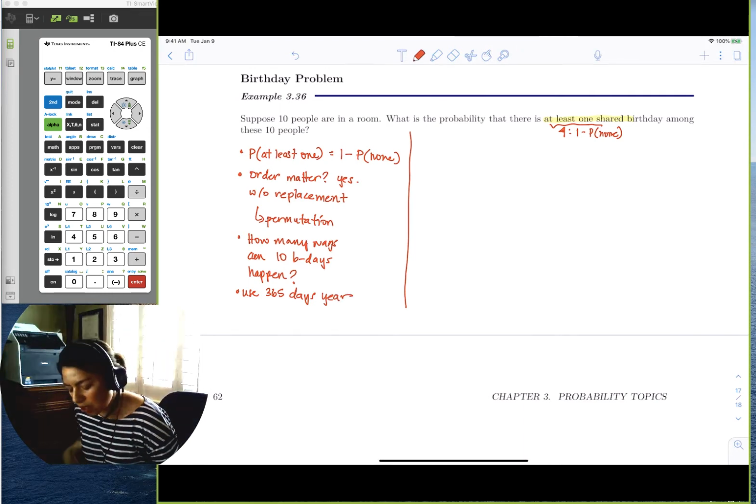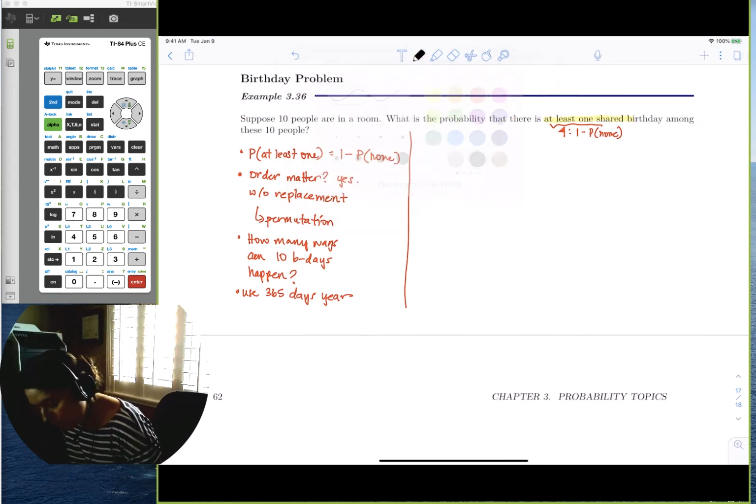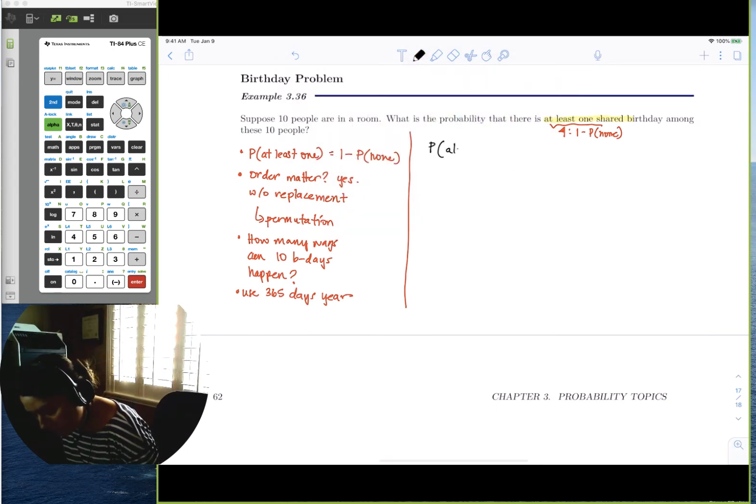Okay, so let me write the probability of at least one birthday that's shared will be equal to 1 minus the probability that no one shares a birthday, which is more likely, right?